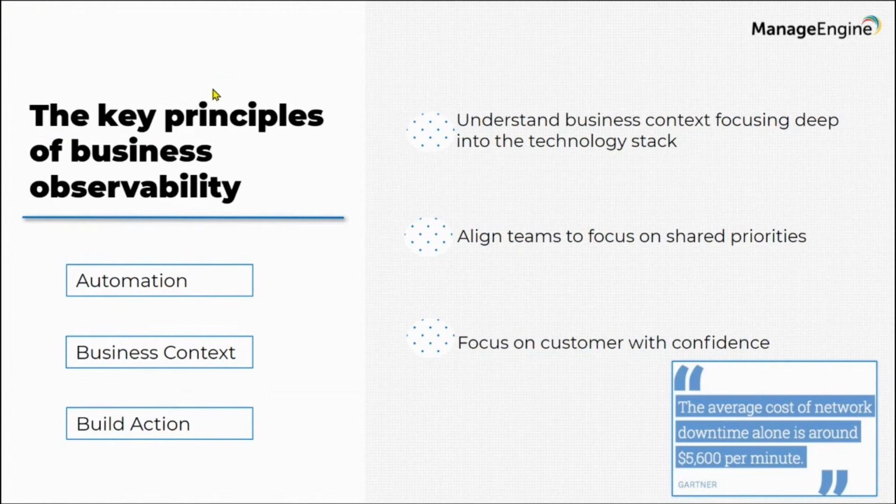In a recent survey conducted by Gartner, they say that the average cost of network downtime alone is around $5,600 per minute. This is a revenue impact. Apart from the revenue impact, there are other impacts related to application performance, such as brand reputation.